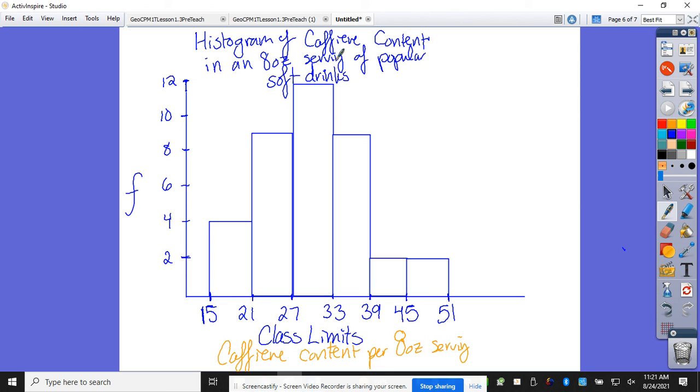While I'm thinking about it, because I only went by 2s here, there's no question about what the numbers of these bars are. I'm kind of thinking ahead here.